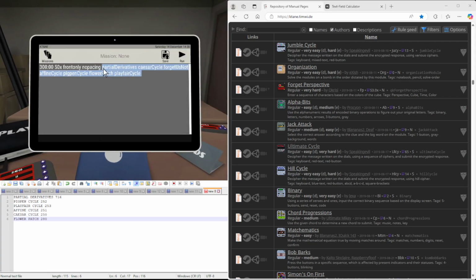So this is where the order gets slightly thrown because we of course have organisation this time. With forget perspective, alphabets, jack attack.